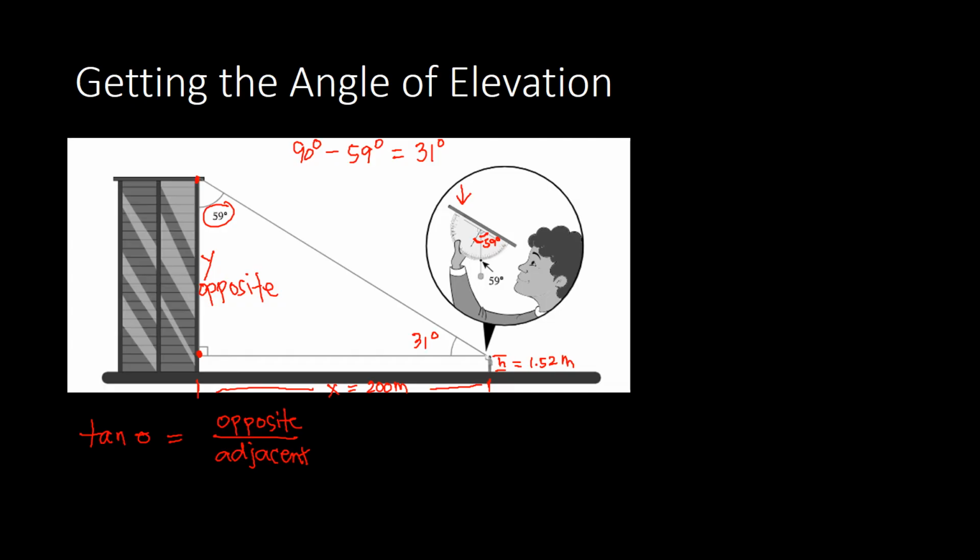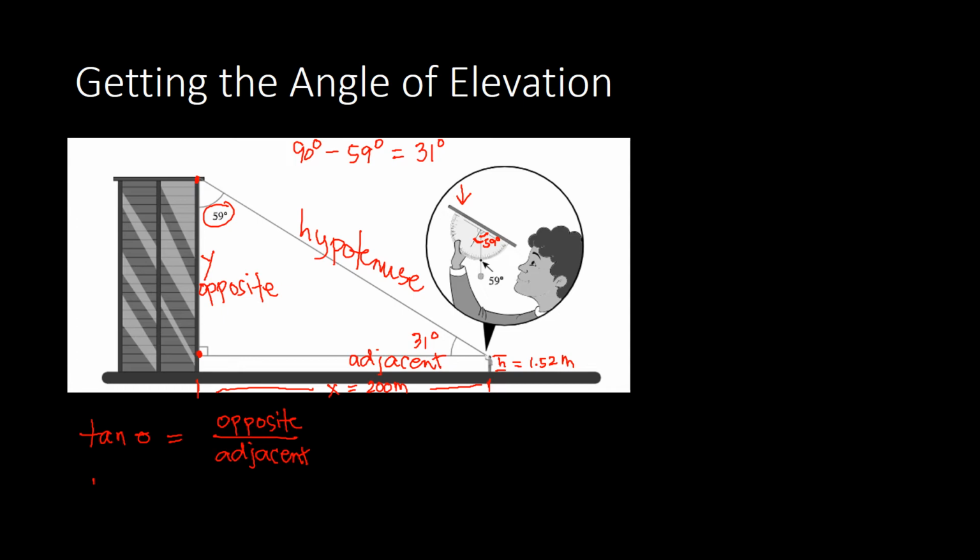The adjacent side, since one side that makes up the angle is the hypotenuse, is the other side that makes up that angle. Making use of that information, we are now ready to solve for Y.